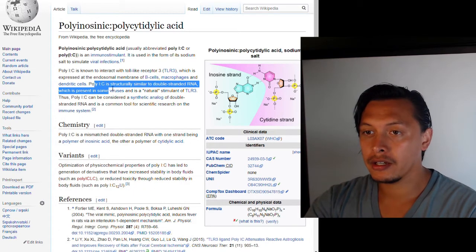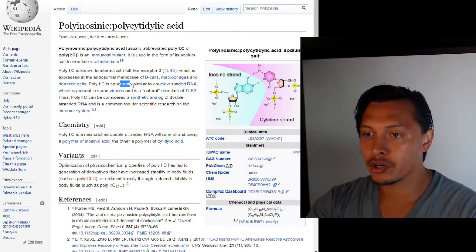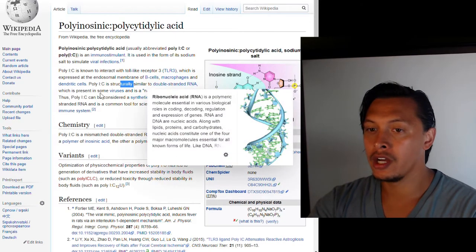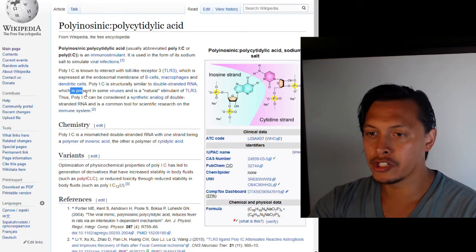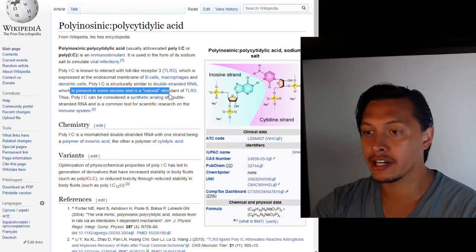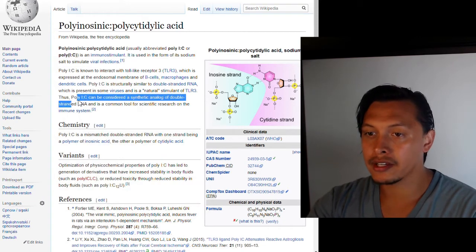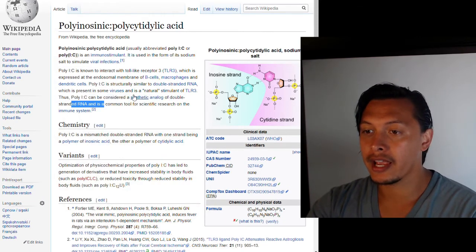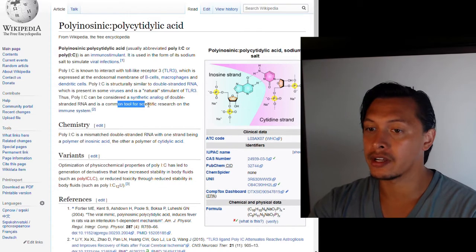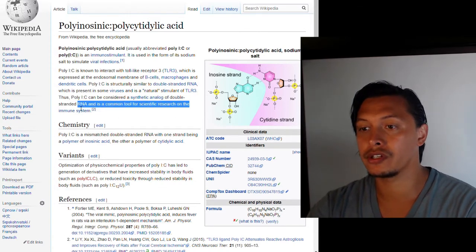So poly-IC is structurally similar to double-stranded RNA, which is present in some viruses and is a natural stimulant of the toll-like receptor 3. And thus, poly-IC can be considered a synthetic analog of double-stranded RNA and is a common tool for scientific research on the immune system.